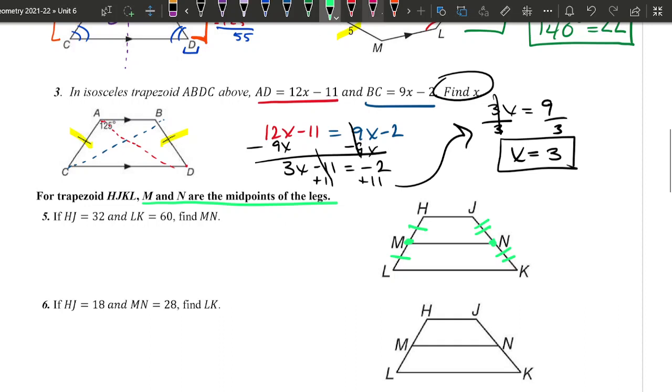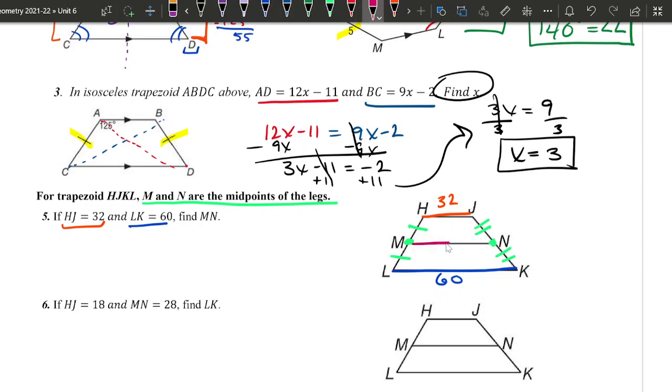All right, and then it says if HJ equals 32, so HJ is 32, and LK is 60. So here's L to K. That's 60. Find MN.